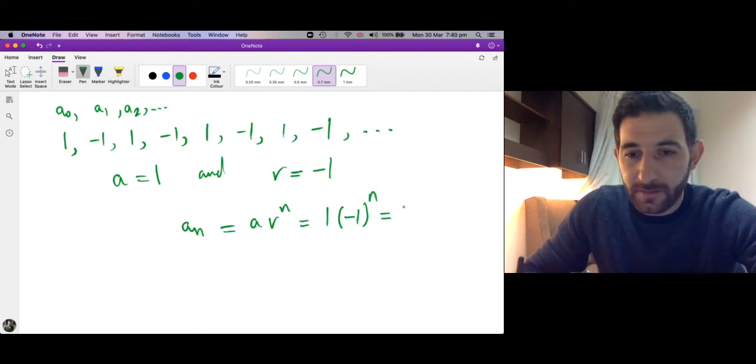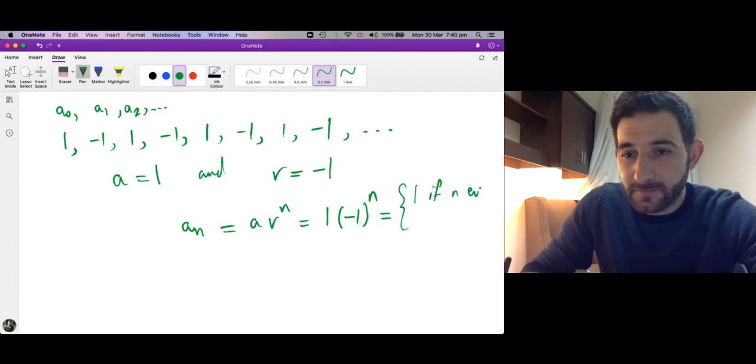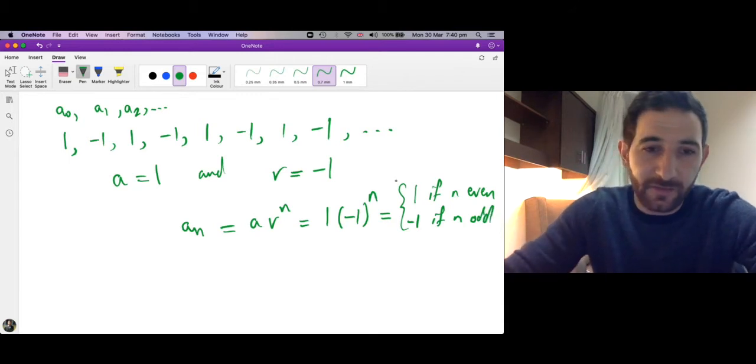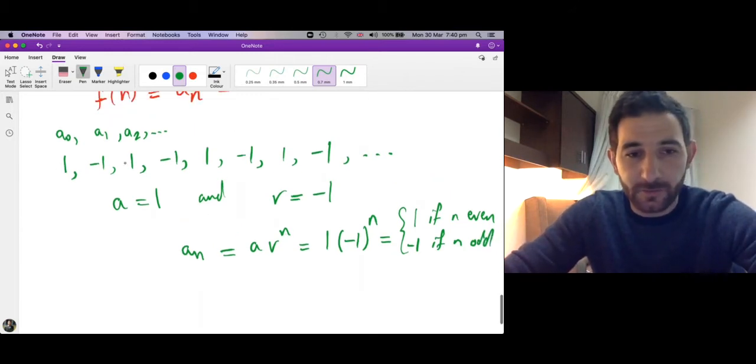And see that this is 1 if n is even, and this is -1 if n is odd. So you see at even places, so at 0, 2, 4, 6 you get +1, and at odd places, so place 1, place 3, place 5, you get -1.